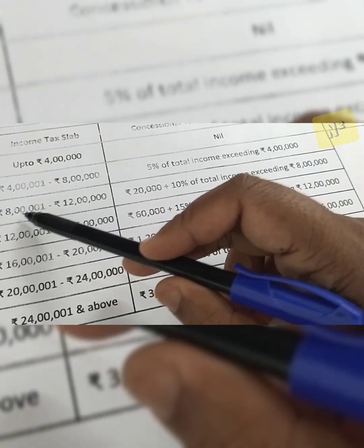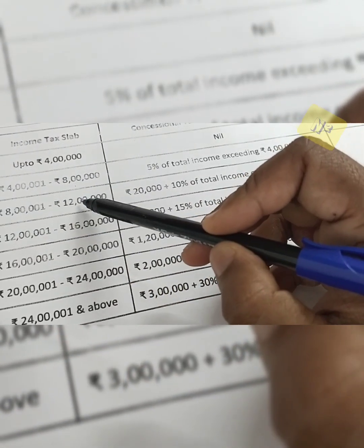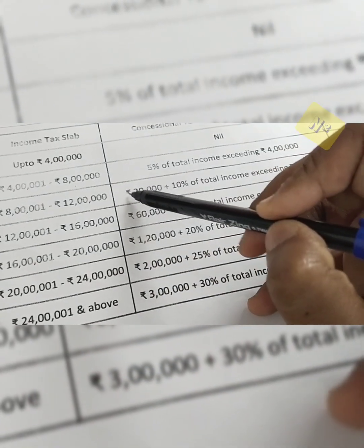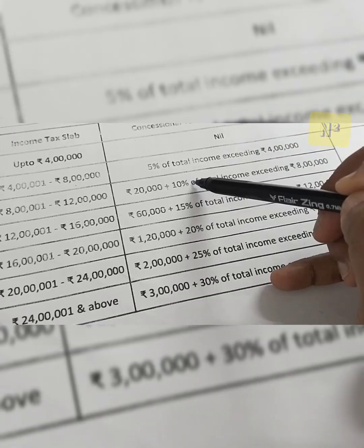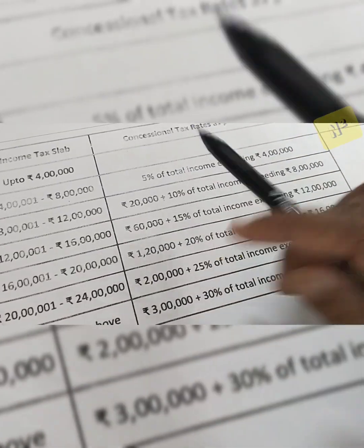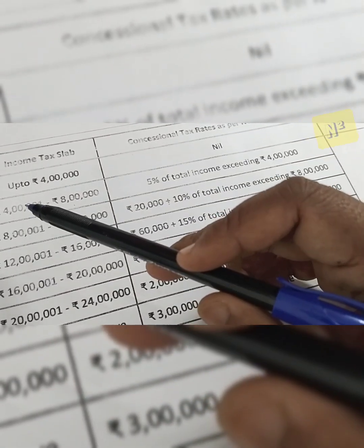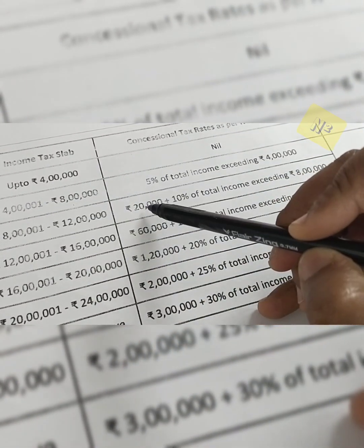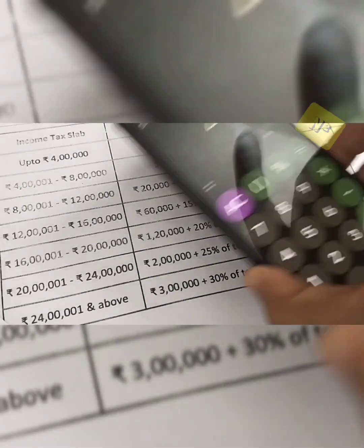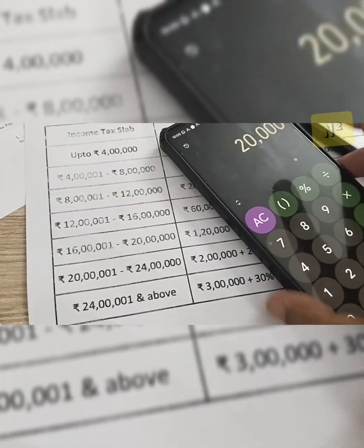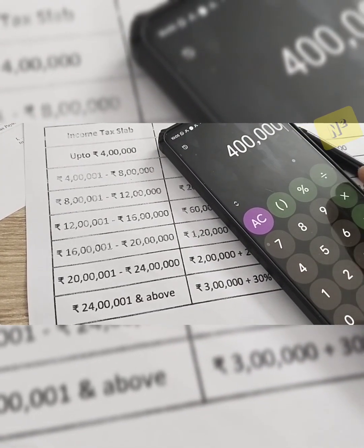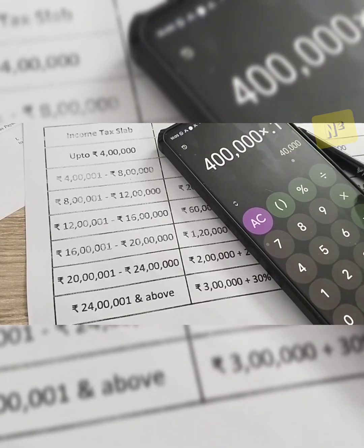So that person who has an annual salary of 12 lakhs not only has to pay this value that comes down here, but he also has to pay an excess, how much? 10% of the total income. Now from 0 to 4 lakhs 20,000 comes into play, but from 8 lakhs to 12 lakhs, the 10% of 4 lakhs becomes what? This is the 4 lakh multiplied by 0.1, so 40,000.